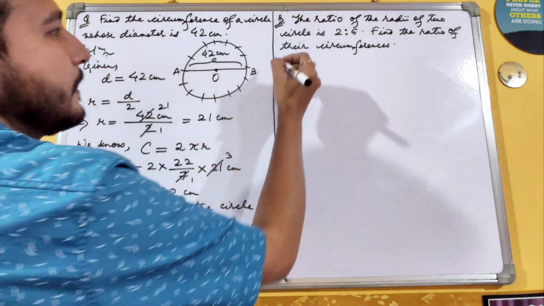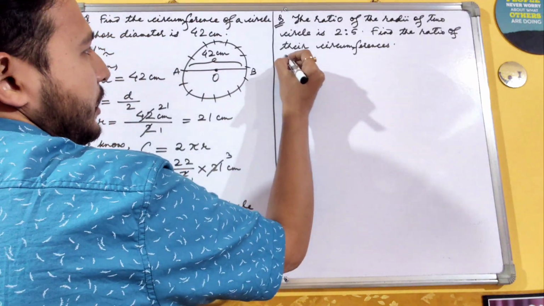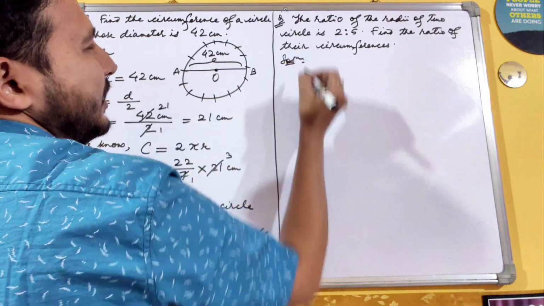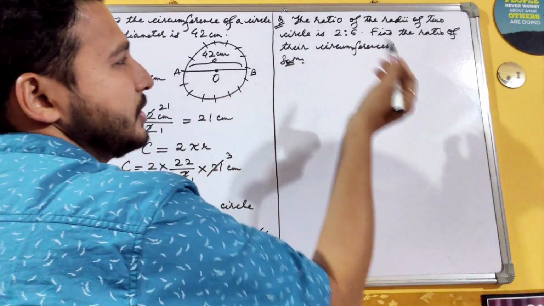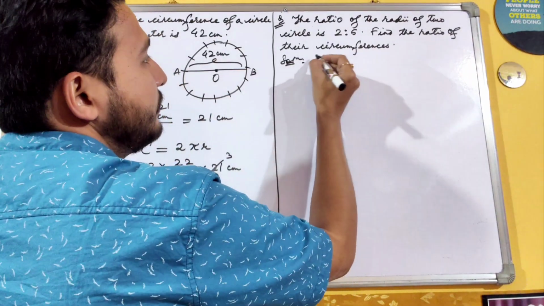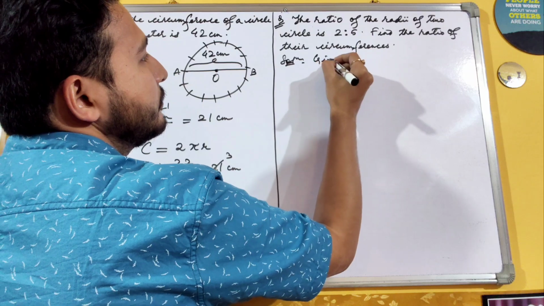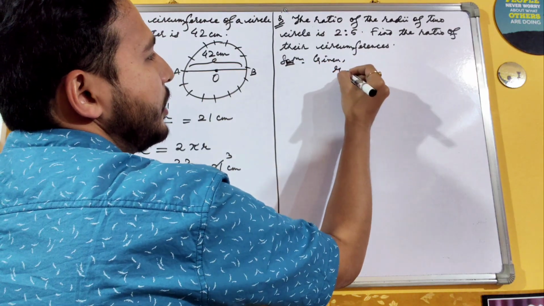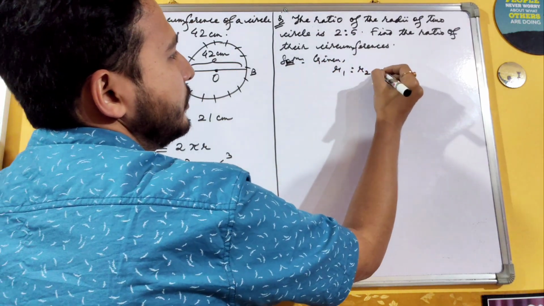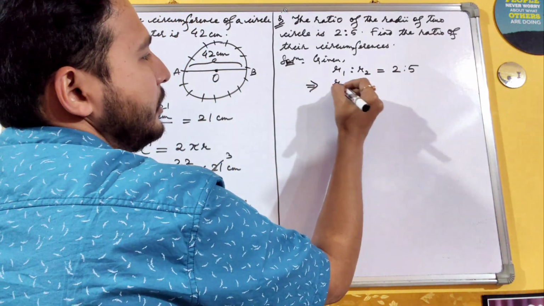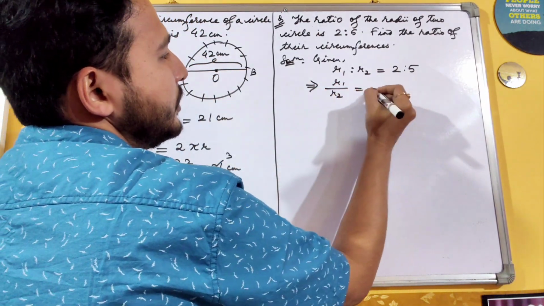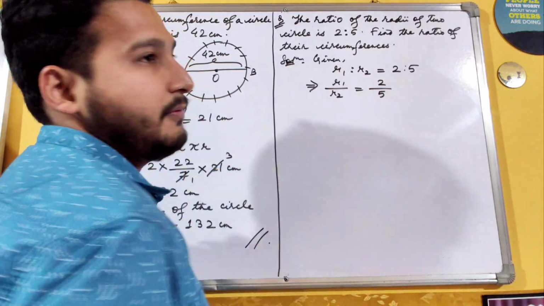Okay, so let's solve the problem. I guess you don't have to draw diagrams for circles. The two circles are given and their radii are given. So given radii r1 is to r2 is 2:5. You can write r1 by r2 is 2 by 5.